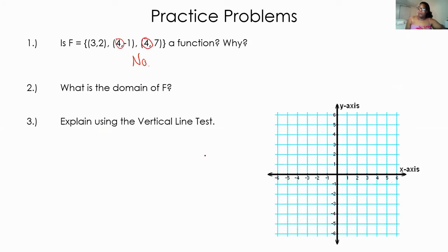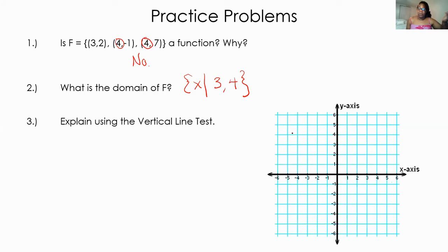My X values are repeating at 4. So they're asking us, what is the domain of F? So I write my set of X such that, and I write all my X's. So I have 3, 4. Now, I don't have to write the number 4 twice, okay? All I have to do is write it once. So that's my domain.